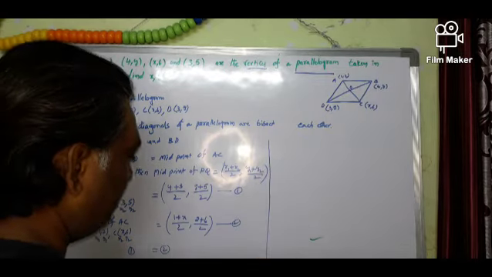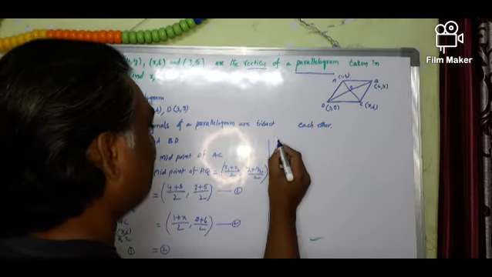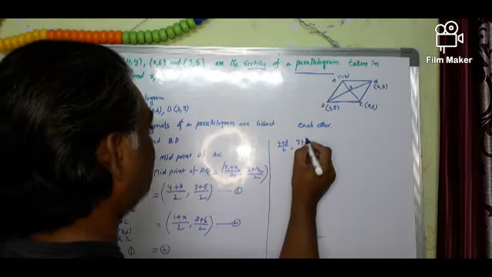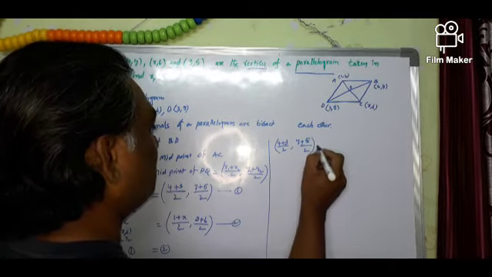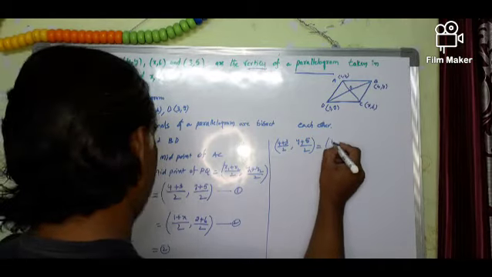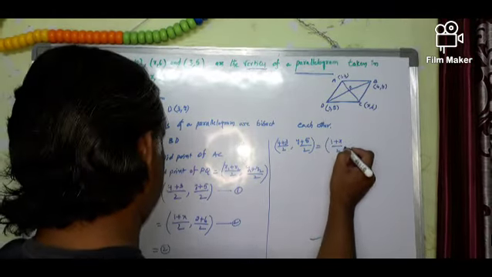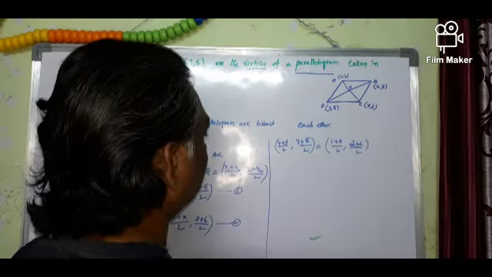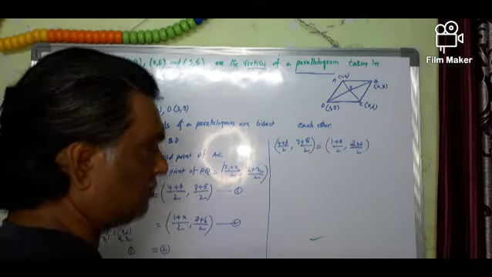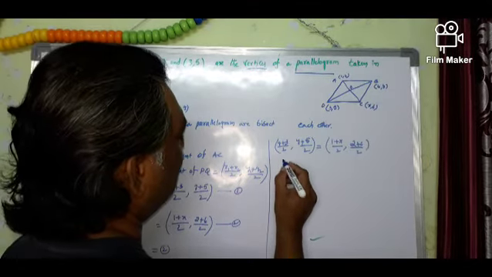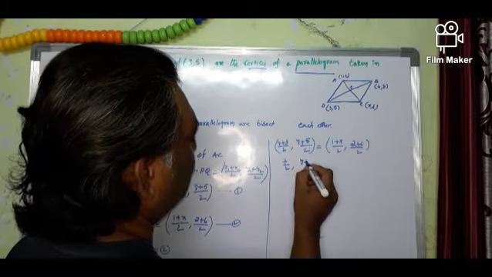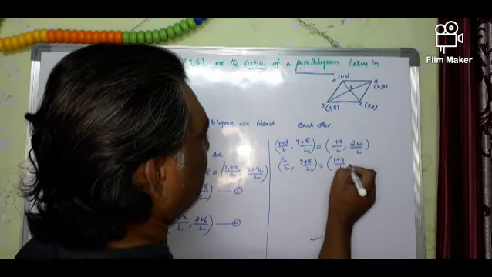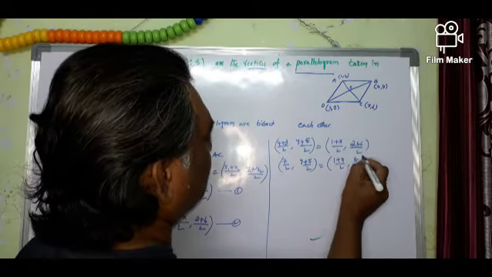Now equating them: ((4 plus 3) by 2, (y plus 5) by 2) is equal to ((1 plus x) by 2, (2 plus 6) by 2). 4 plus 3 is 7, and 2 plus 6 is 8.